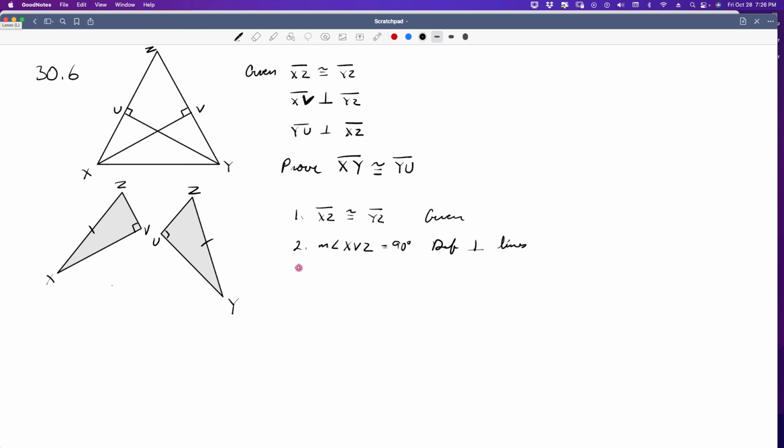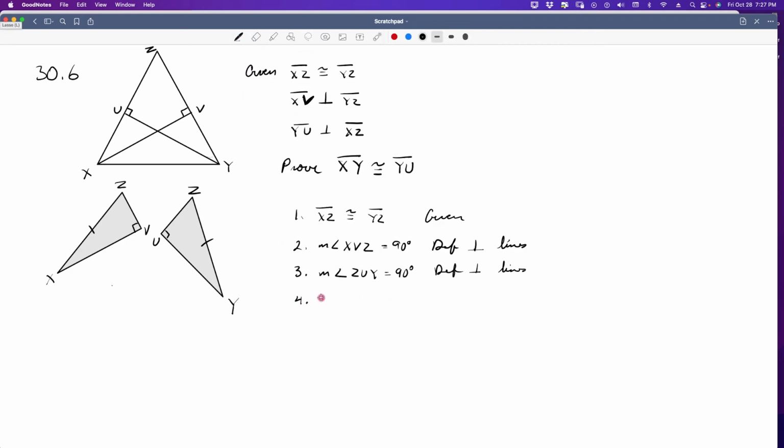Okay, and then number three, I'm going to do the same thing. I'm going to say the measure of angle ZUY is equal to 90 degrees. That's the definition of perpendicular lines. So therefore, number four, the measure of angle XVZ is... actually, I take measure off because we're going to talk about congruency.